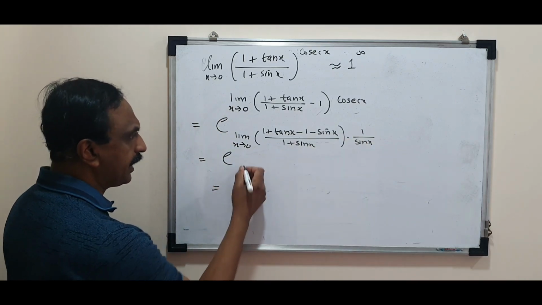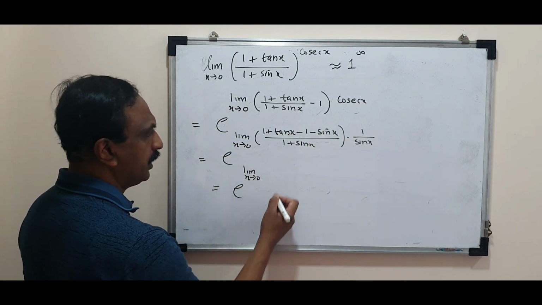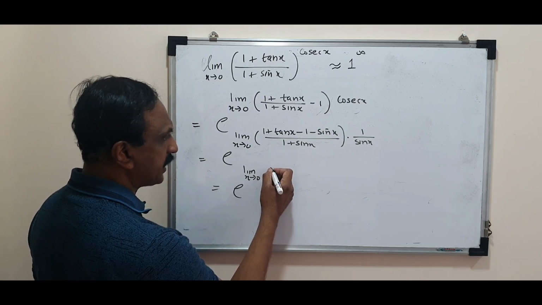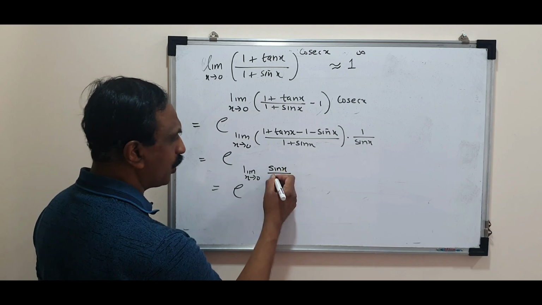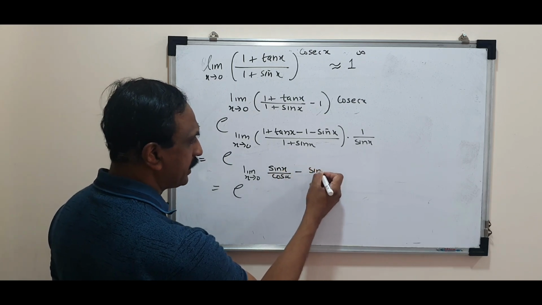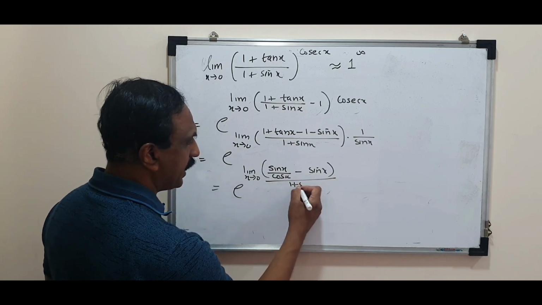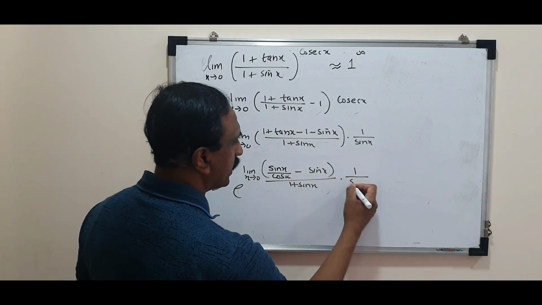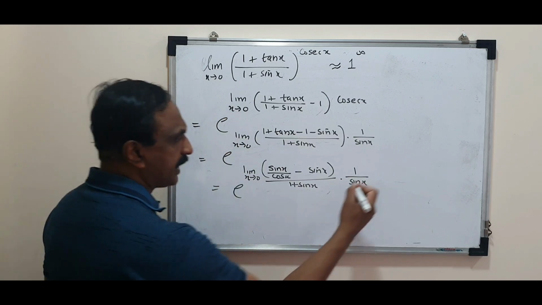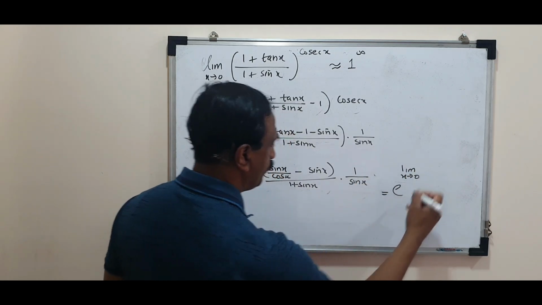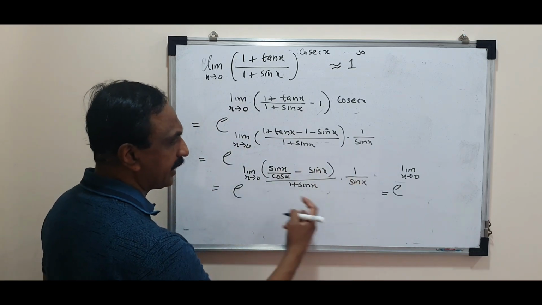So that became e raised to limit x tending to 0, tan x minus sin x. So tan x minus sin x I can write as sin x upon cos x minus sin x, divided by 1 plus sin x, into 1 by sin x, which can be written as e raised to limit x tending to 0. Sin x will get cancelled.